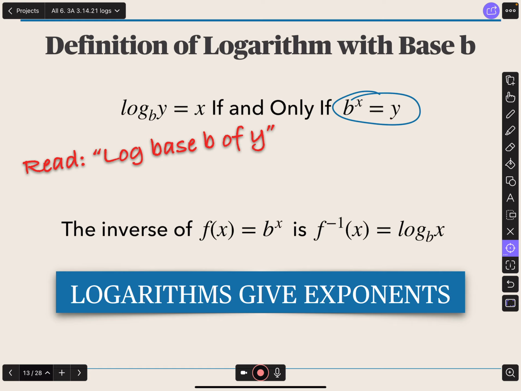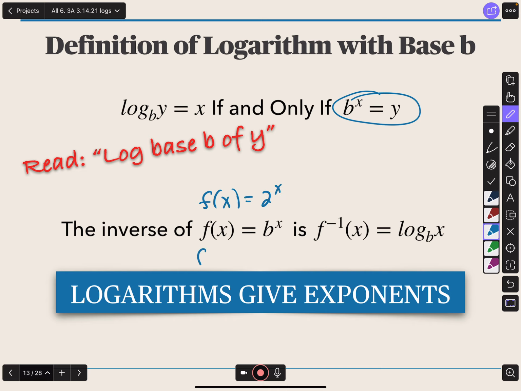Okay, another way to think about this is if f of x is b to the x, the inverse would be log base b of x. And I know that looks like the exponent, but this is the x after we've transposed or exchanged x's and y's. But what this function would do, let's make my function f of x equals 2 to the x.